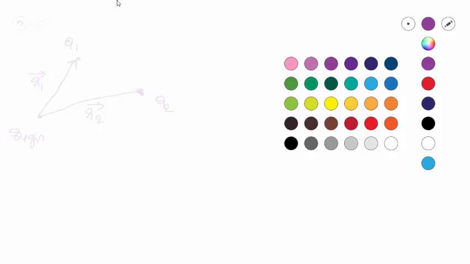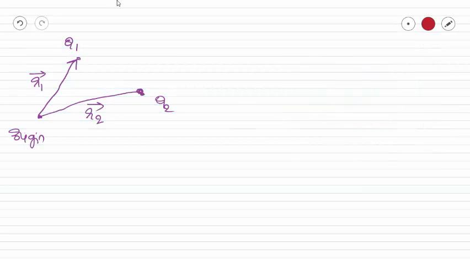Now let us draw a vector joining these 2 points. The first thing we will do is write an expression for the force acting on Q2 due to Q1. That means the charge Q1 will exert some force on Q2. So I will draw a vector from this point directed to this point. So this is the direction.